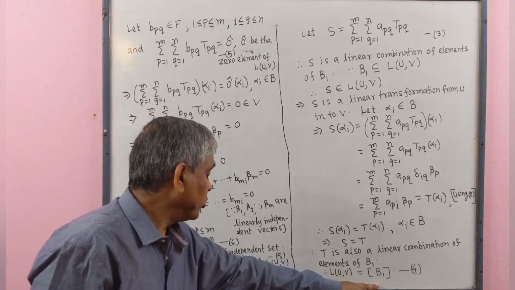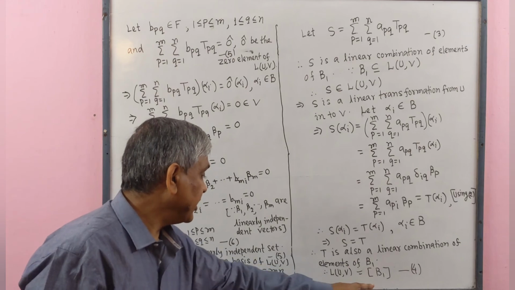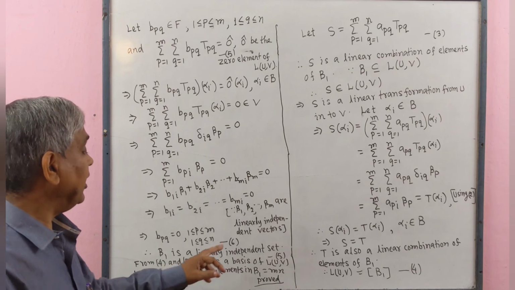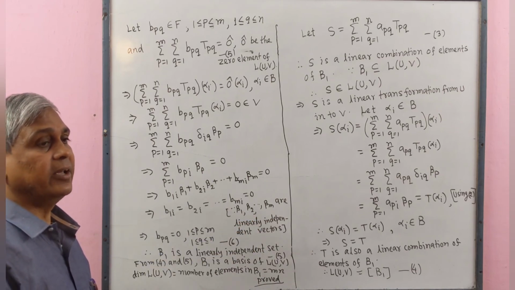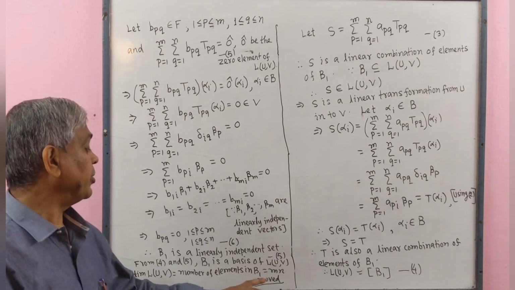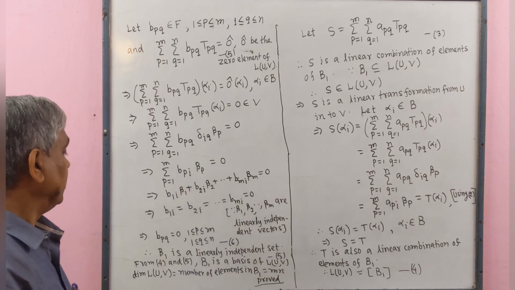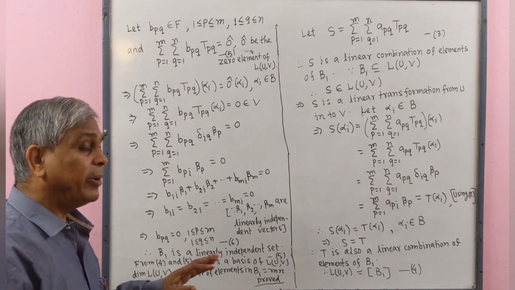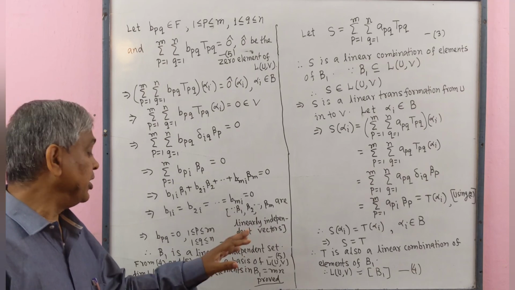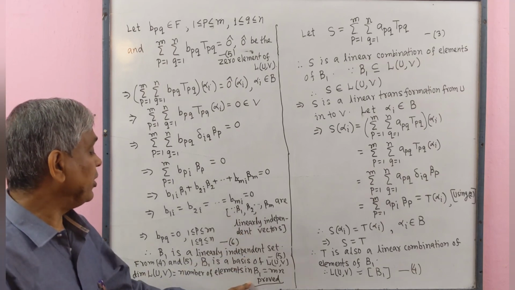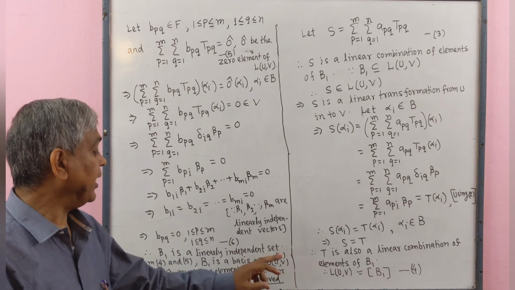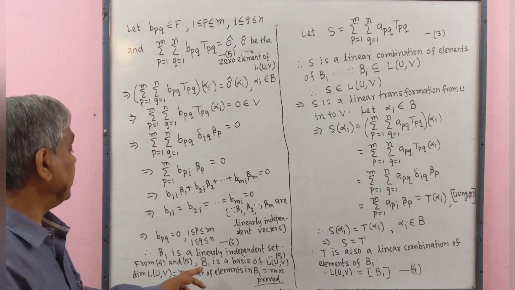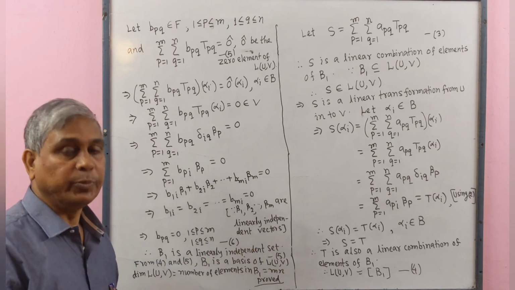From 4 we have seen that B1 generates LUV, and here we see that B1 is a linearly independent set. Therefore, B1 is a basis of LUV. Dimension of LUV equals the number of elements of basis B1, and basis B1 contains m multiplied by n elements. Therefore, dimension of LUV equals m multiplied by n. Proved.